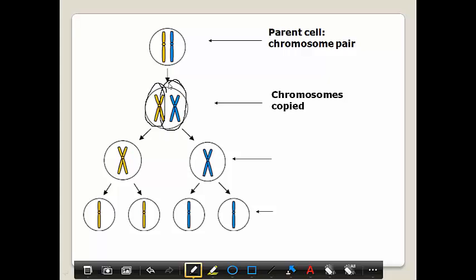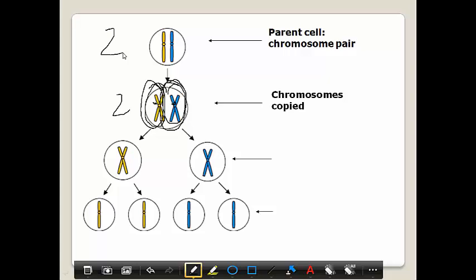We've got double the DNA, or the chromosomes have been copied. We still consider this 2 chromosomes, though, because they're connected in the middle by a centromere. So we have one yellow chromosome from dad, one blue chromosome from mom. That counts as 2. Remember, we started with 2 up here as well.